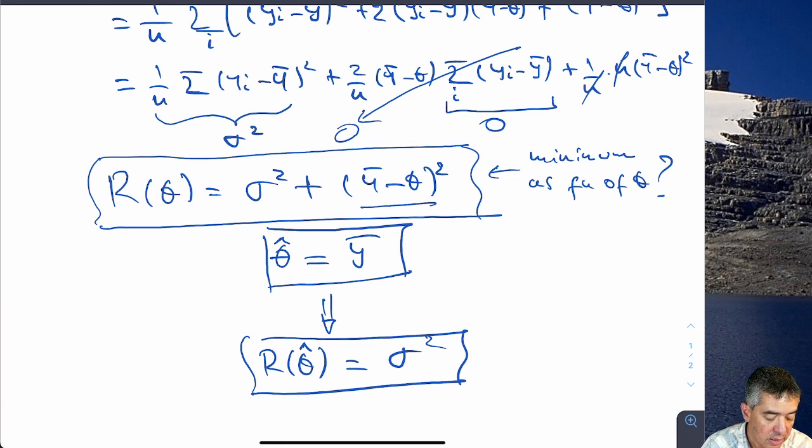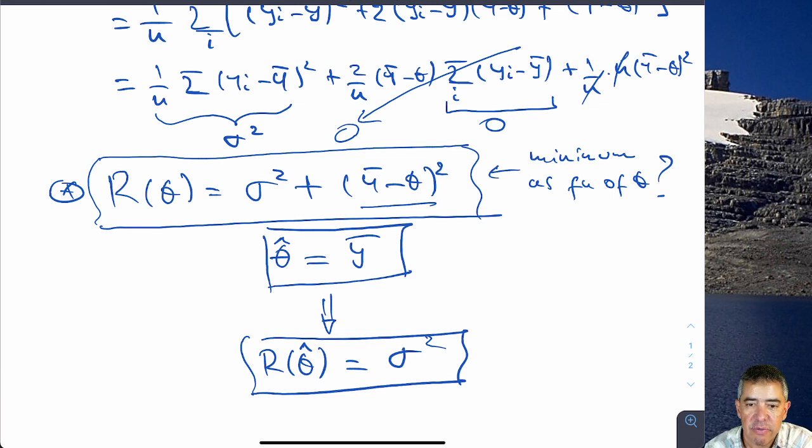But importantly, it also tells us that the value of the mean squared error at that point is reduced to the sample variance. And this particular expression right here is interesting in that it shows us that the mean squared error can be decomposed into the sample variance plus something else, this additional deviation from the mean, which tells us that for that model, basically the sample variance is a floor.